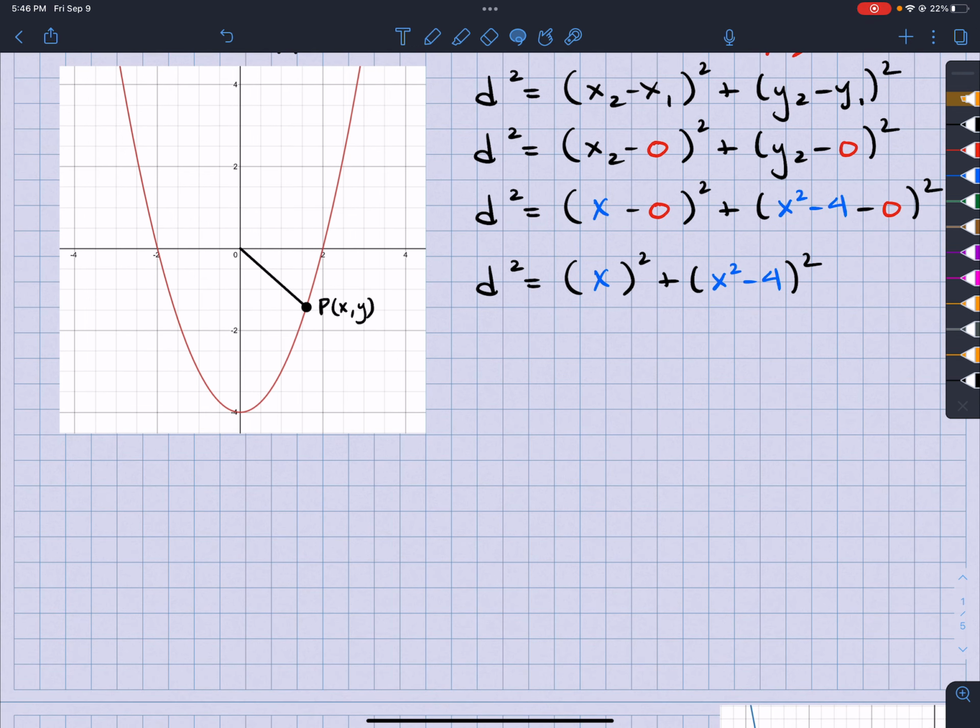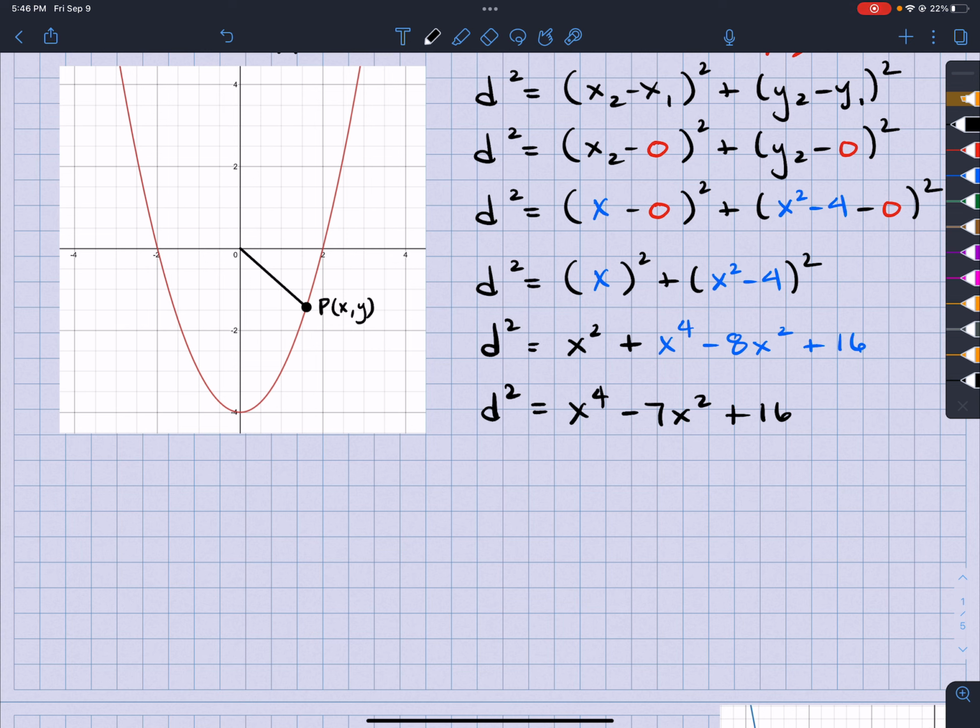Now, the first one is easy. So I have d squared is equal to x squared. However, the second one, I'm going to have to go ahead and FOIL. That's going to give me x to the 4th minus 8x squared plus 16. So let me combine like terms. I have d squared is equal to x to the 4th minus 7x squared plus 16.